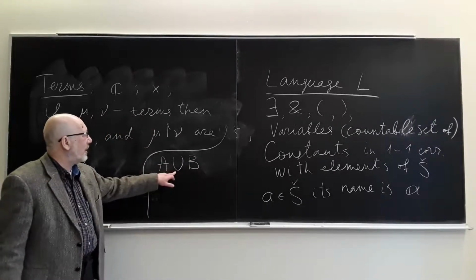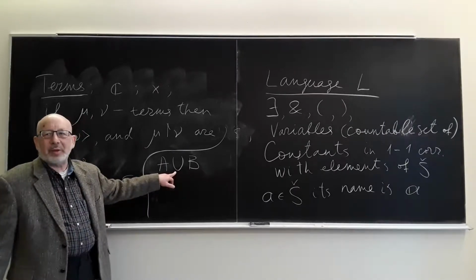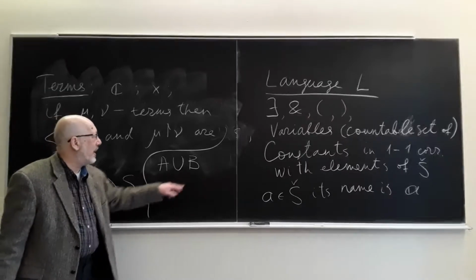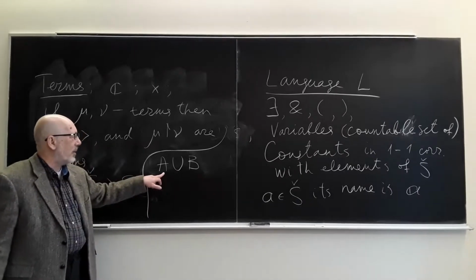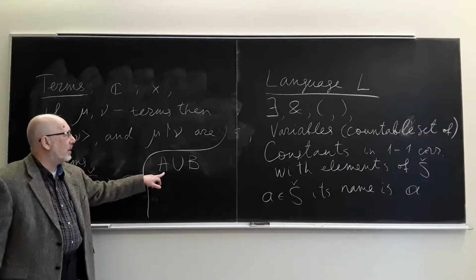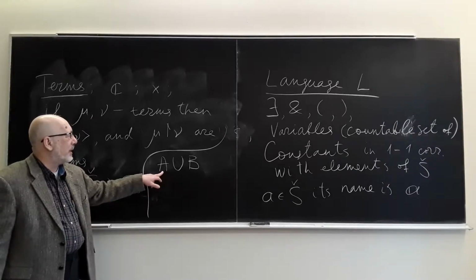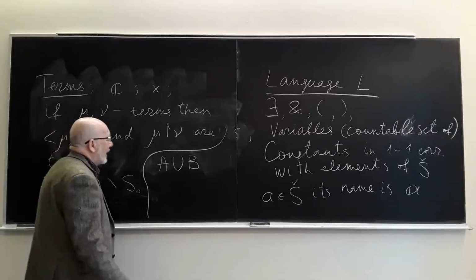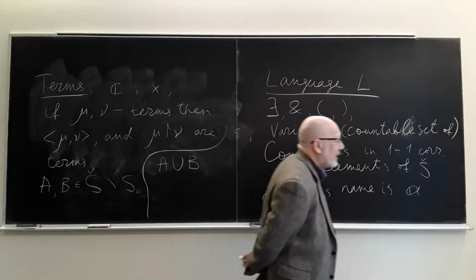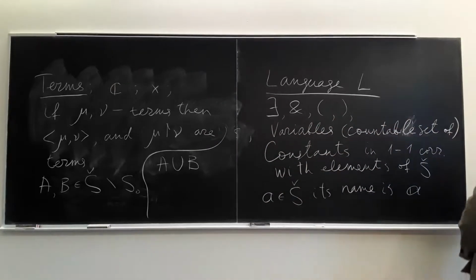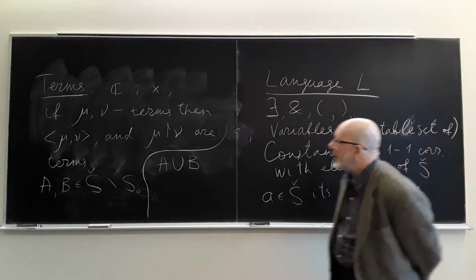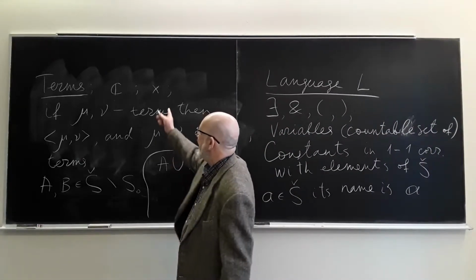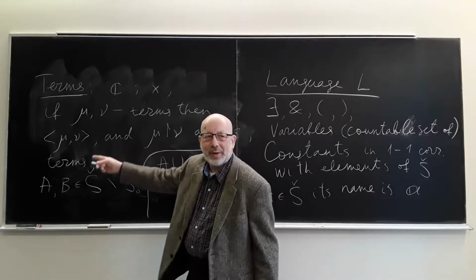I claim that this is also a term. An individual set is a term. Strictly speaking, we have to write here the name of A and the name of B. But how can you express this union as a term in this sense?